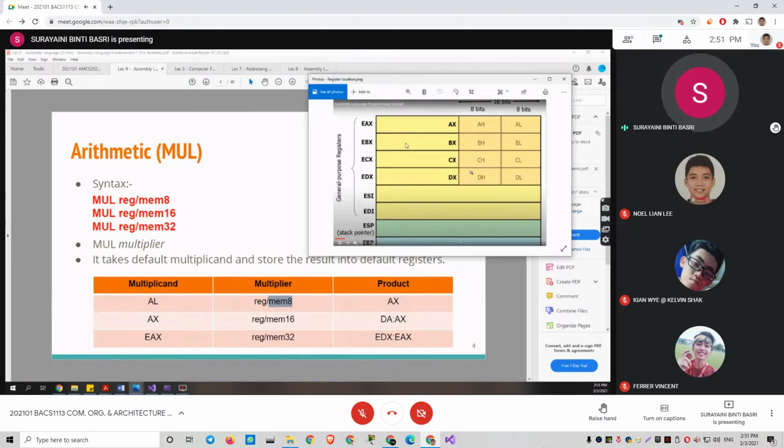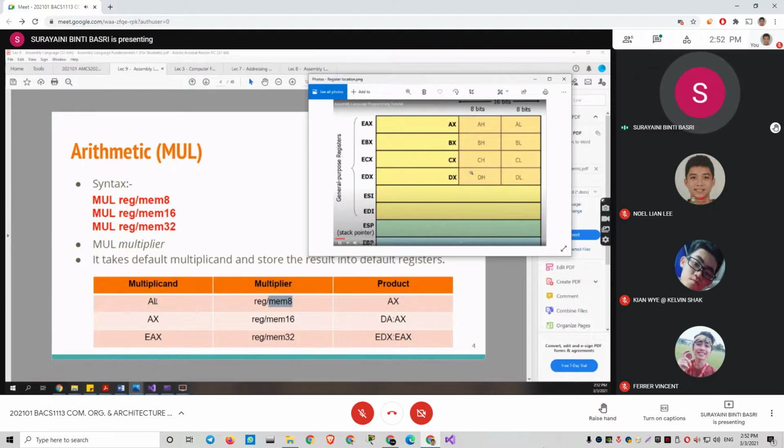I mean the multiplication result will be 64 bits, stored in the combination of two 32-bit registers, EAX and EDX. So this is the default. The product will be stored here.